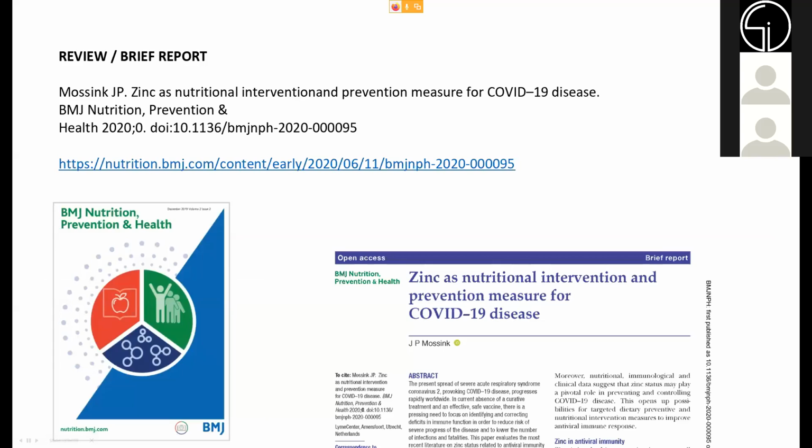I've written a paper about this, and this is published in the British Medical Journal Nutrition, Prevention and Health. Everyone interested in zinc and the effect on the immune system in COVID-19 can access this paper.